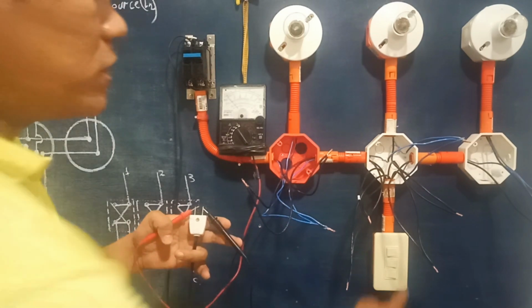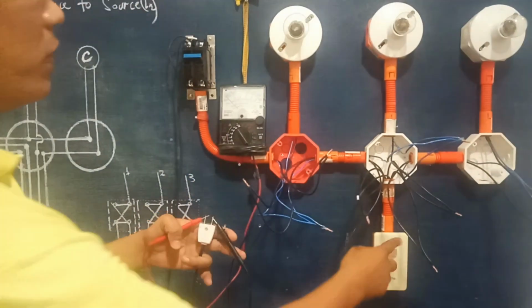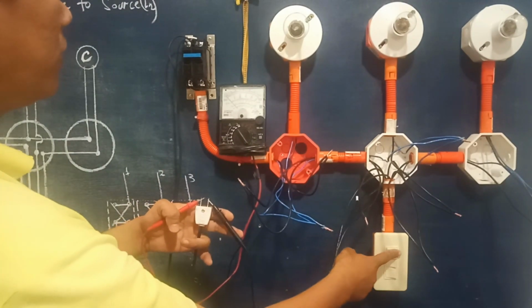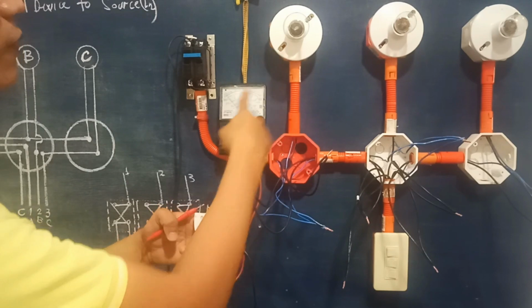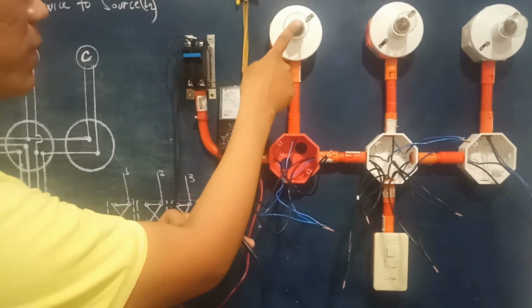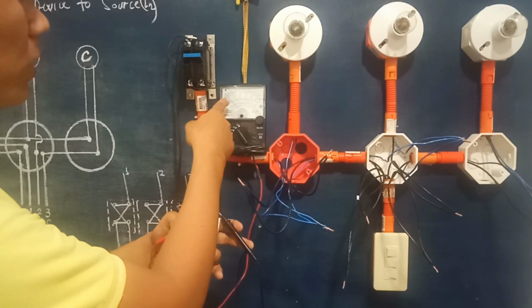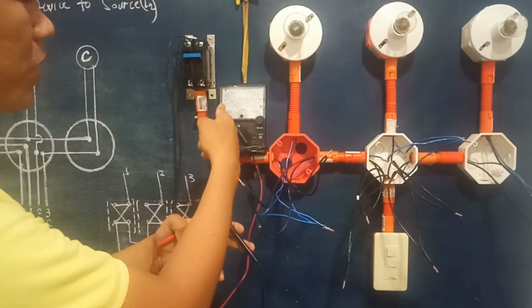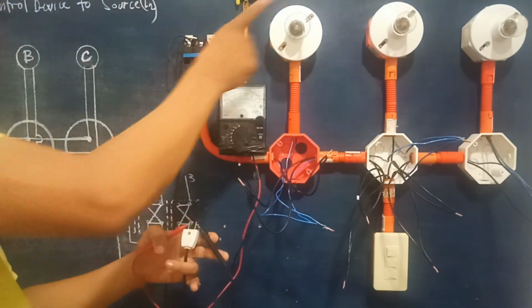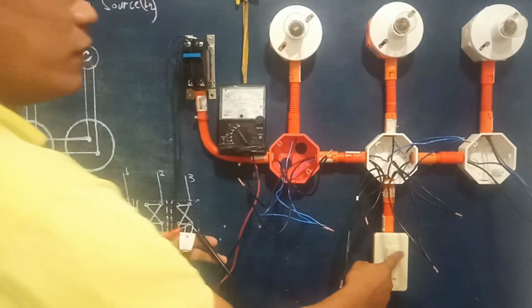This bulb here on, okay, off, on. Once I remove or loosen the bulb here, the pointer will go back to the 0 position. So this is intended for bulb A.